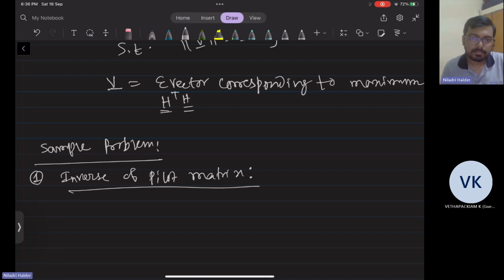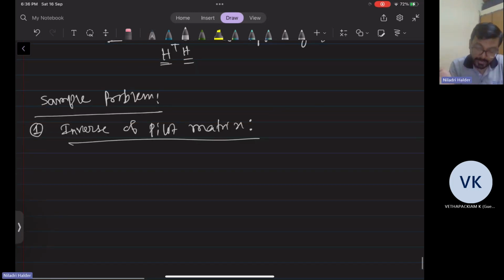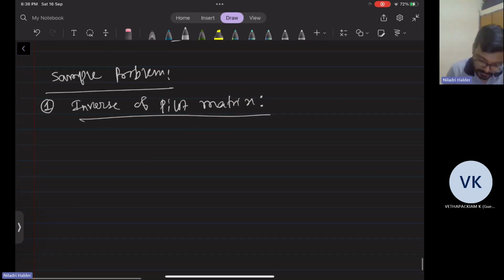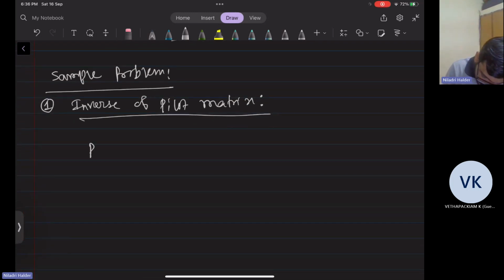So so inverse of pilot matrix. So suppose there is a matrix. Okay, suppose P is a matrix. 1 minute. I am. Is the tips? You messaged me on chat. How to find inverse of pilot matrix? Pseudo inverse. Yeah, yeah, correct. Pseudo inverse only. Yeah, yeah.